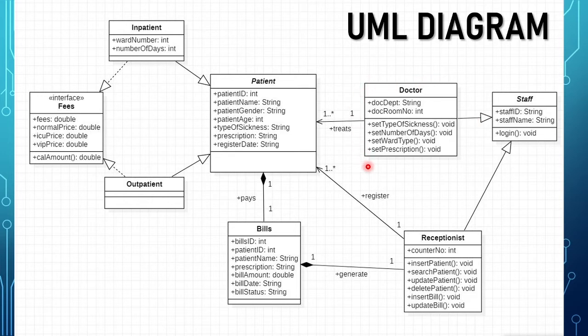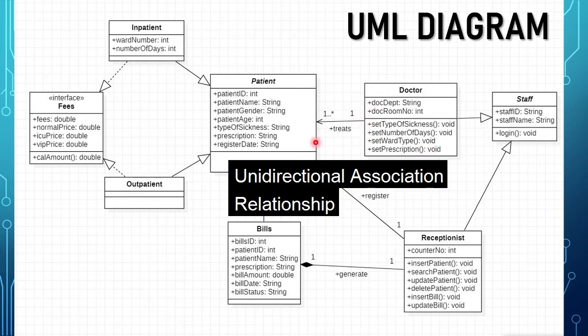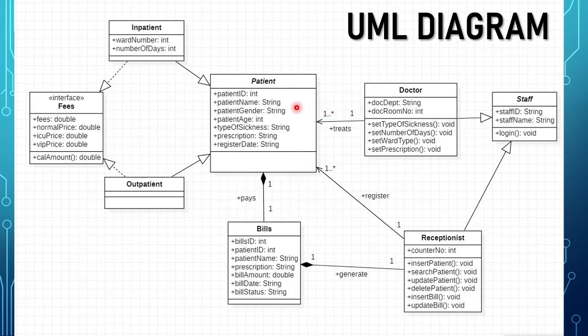Next, doctor. Doctor has 2 attributes, which are doctor department and doctor room number. Doctor has the following methods: set type of sickness, set number of days, set ward type, and set prescription. Doctor has a unidirectional association relationship with patient.